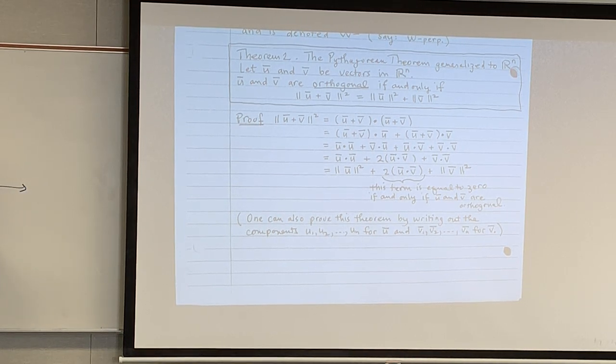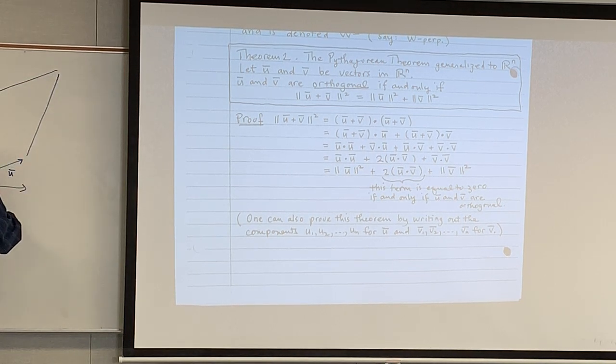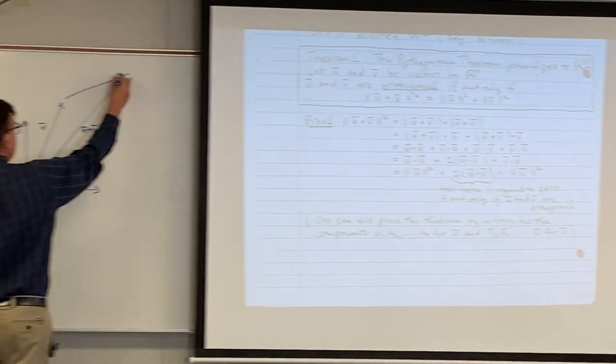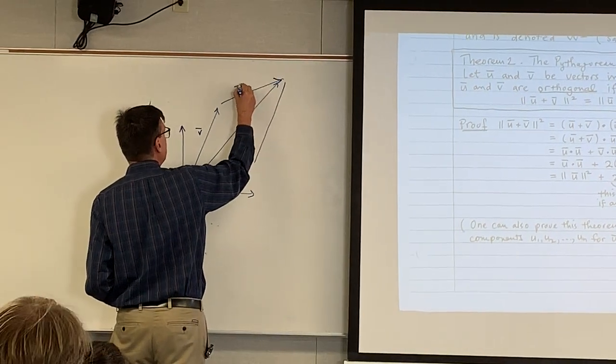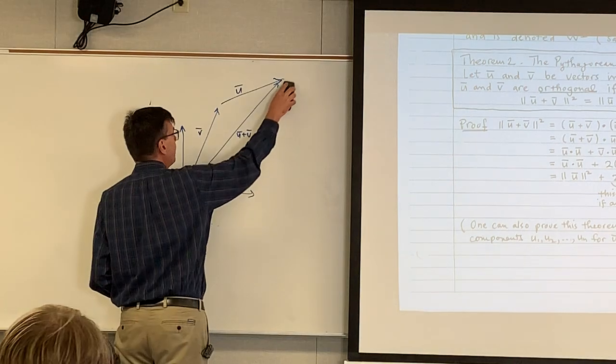Let's see, if we were to draw a picture of, let's say, here's u, here's v. u plus v, now I can get by completing the parallelogram. And now I can think of this as a copy of u, if I use that arrow representation of vectors.